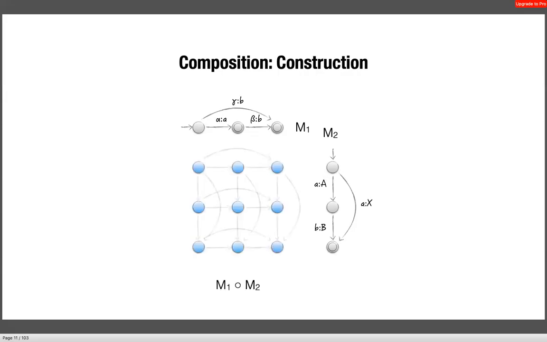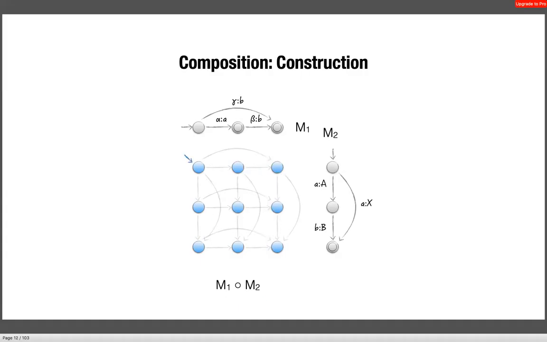All right, so how do we go about constructing the composed machine, M1 composed with M2? You first build the state space, which is just all tuples Q, Q prime, where Q is a state in M1 and Q prime is a state in M2. If you want to list all the possible tuples, you'll have 9 of them, which we are listing here.